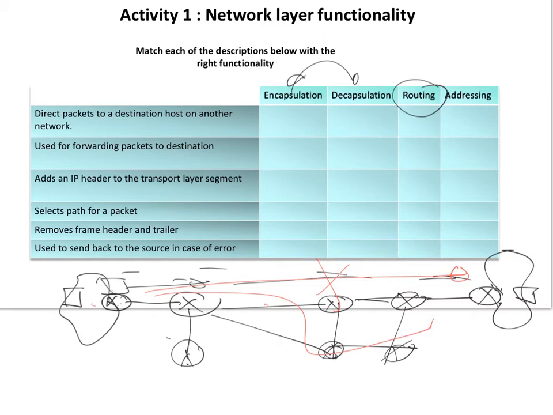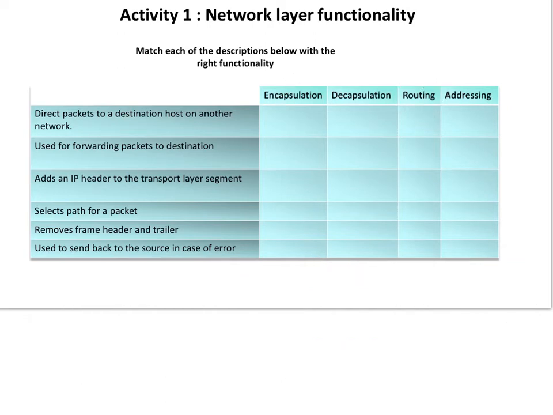So the first exercise here talks about the functionality of the network layer. We need to differentiate these definitions, whether they refer to encapsulation, decapsulation, routing, or addressing.